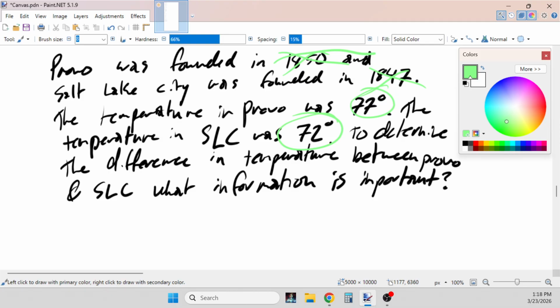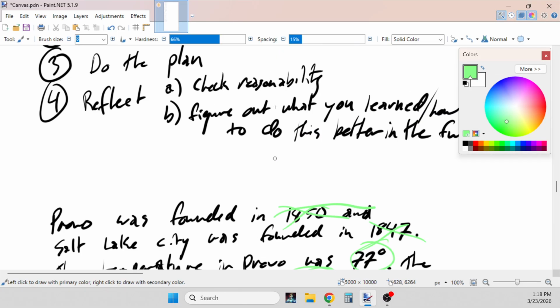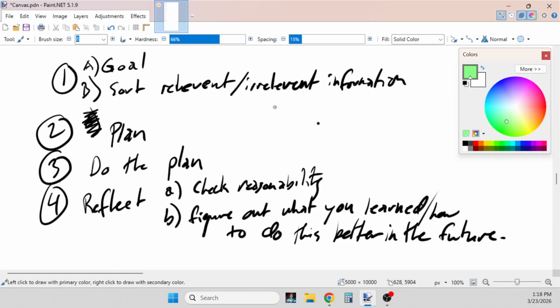We have a few problems like this. You sort out what information you're given. So we have a few problems where you're not solving the whole problem. You are practicing sorting information. You have a problem where you will write out the equation you need to solve the problem, but you won't actually solve that equation.